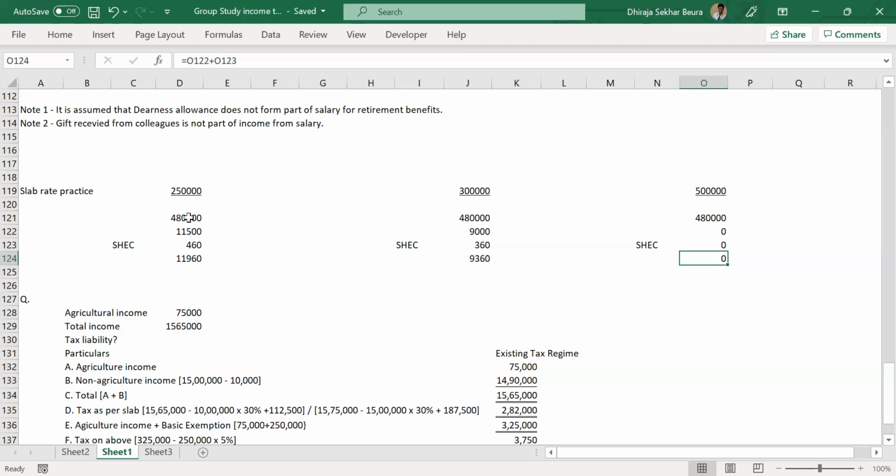Less than 60, it's 11,960, and for 60 to 80 it is 9,360. Then for above 80, it's nil. Perfect. That's the correct answer.